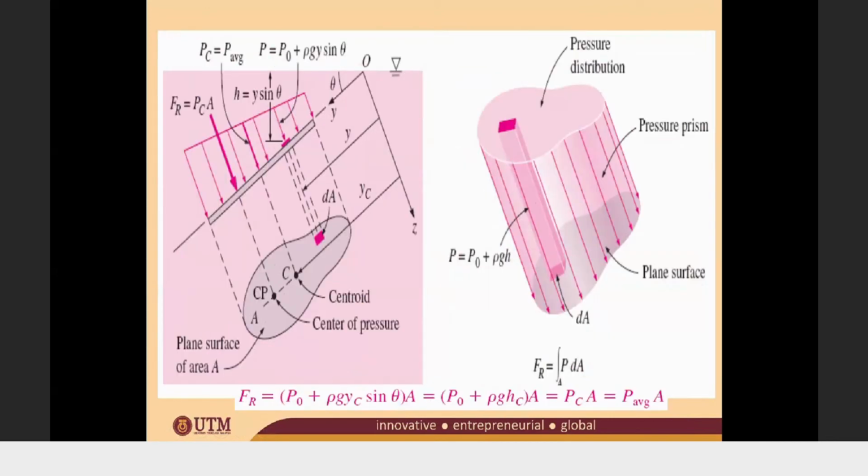So FR equals P naught plus rho G YC sin theta, or P naught plus rho G AC, times A. If you know the A and you know the height of centroid, you can calculate the FR.